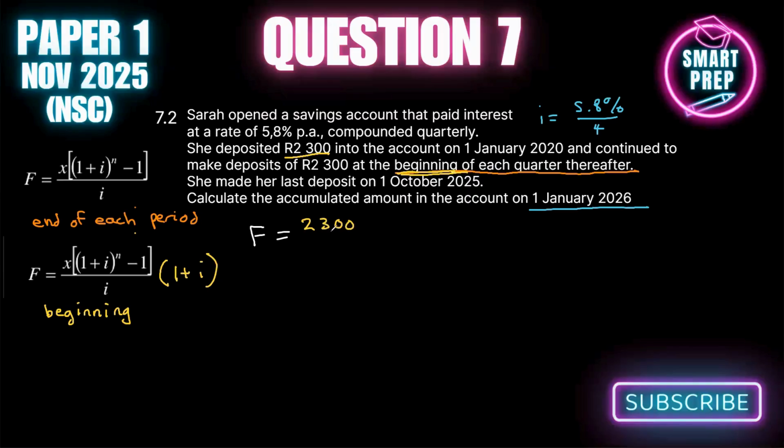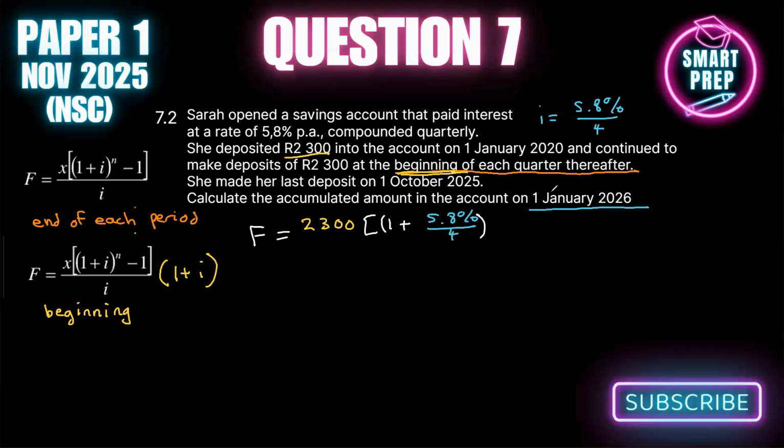So the 2,300 was the payments, that's the x. Then it's 5.8% compounded quarterly. Now, what are the years? What's the n? The n is going to be from 2020 to 2026. So if you think, all the quarters in 2020, that's 4; 2021, 8; 2022, 12; 2023, 16; 2024, 20; 2025 is 24.